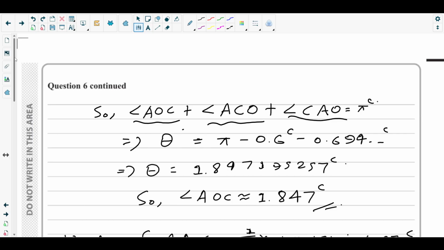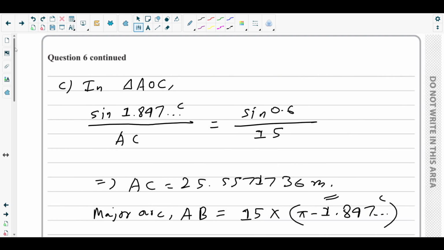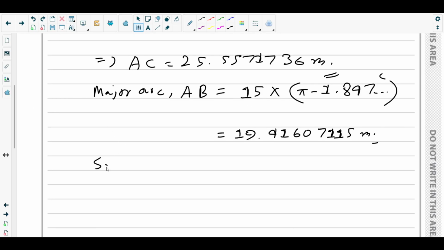So pi, 3.1416, minus 1.847195257, then multiply it by 15. You will get your major arc length, which is 19.416071115 meters.